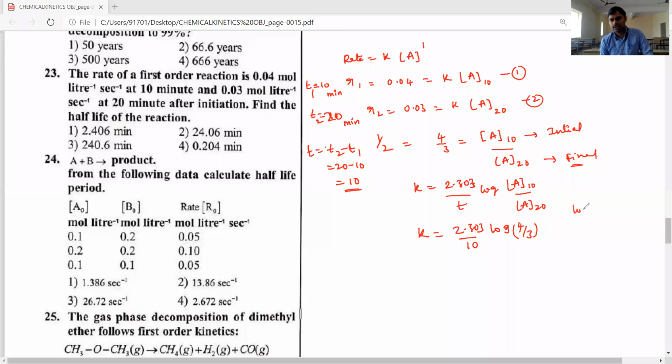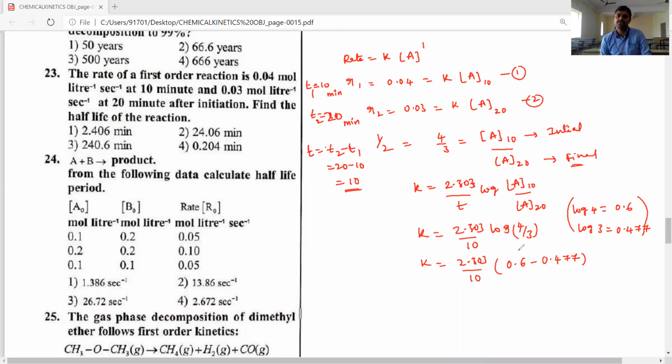We know that log 4 is 0.6 and log 3 is 0.477. Log 4 by 3 is log 4 minus log 3. Then K is equal to 2.303 by 10 into 0.6 minus 0.477.